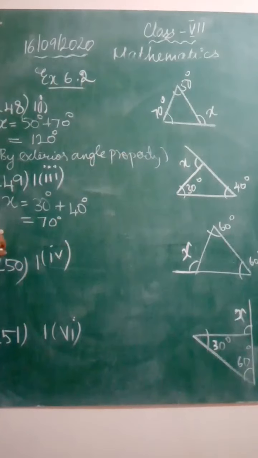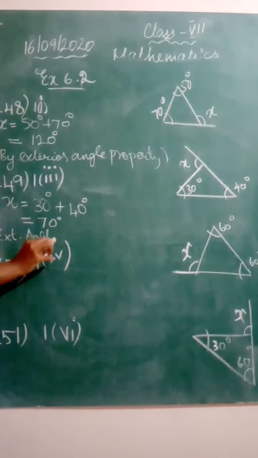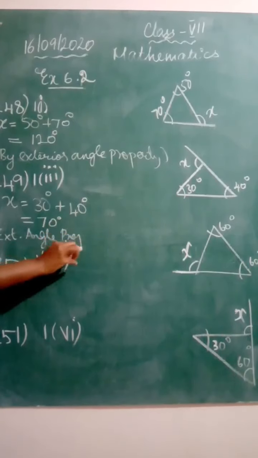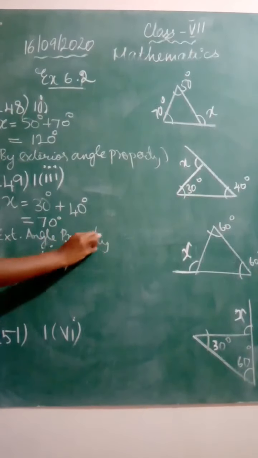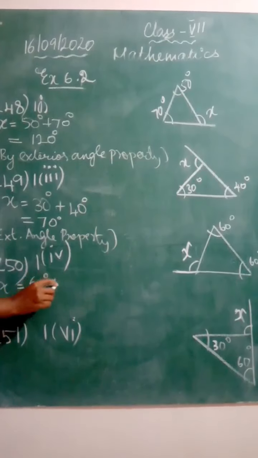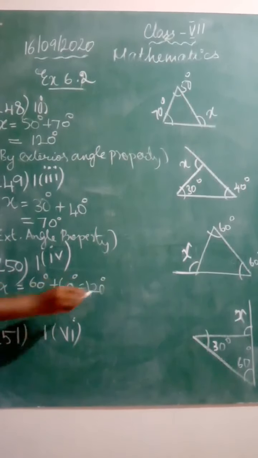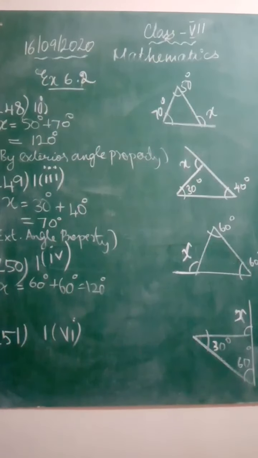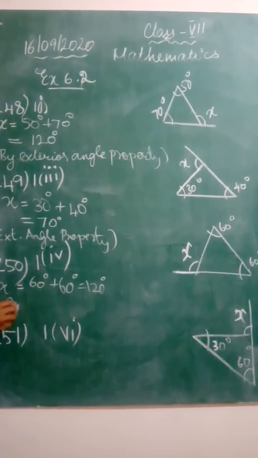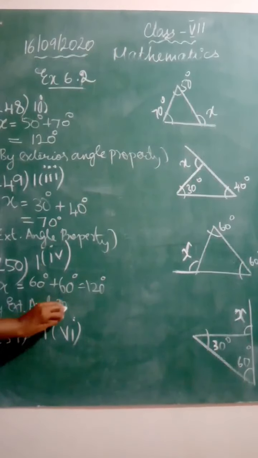Here also you will write exterior angle property. Okay, next question. So in this question you have x is equal to 60 degrees plus 60 degrees, and that is equal to 120 degrees. Okay, and by exterior angle property.